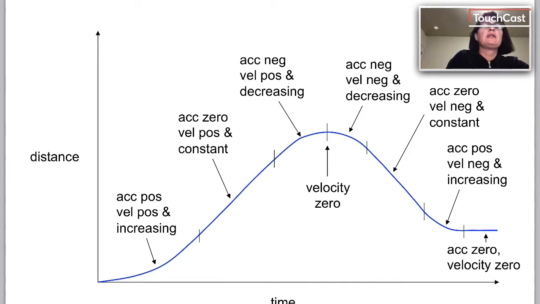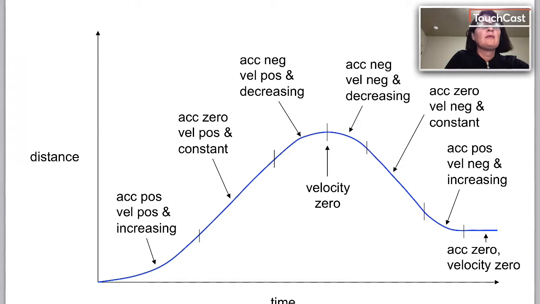So just notice here, if I have a graph of the distance function, anytime the distance function goes uphill, so the real way to say that, anytime the distance function is increasing, the slope of the distance function is positive, which means the velocity must be positive.